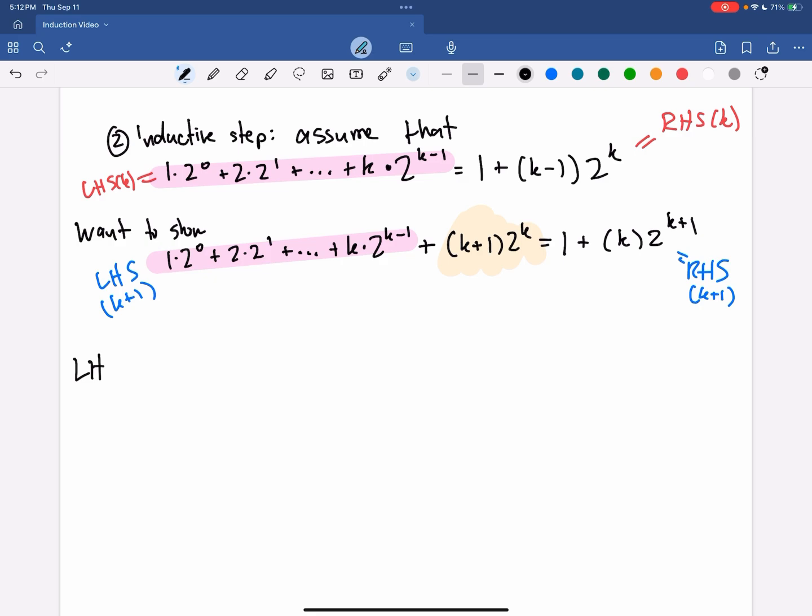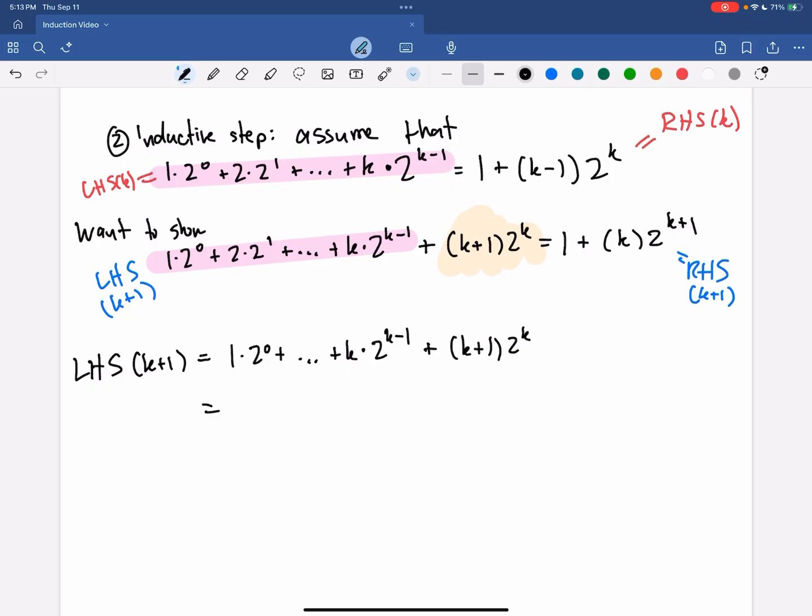So left-hand side for k plus 1 is equal to 1 times 2 to the 0 plus all the way to k times 2 to the k minus 1 plus (k plus 1) times 2 to the k.